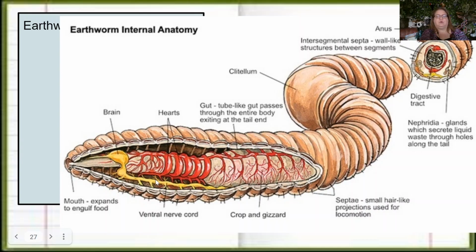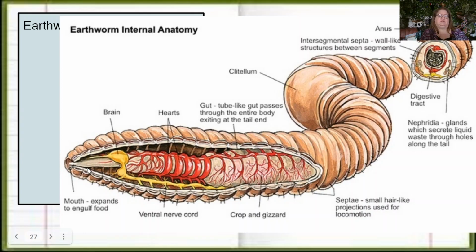And then their nerve cord goes along their belly. They have, we call them hearts, but they're really just enlarged arteries. Sometimes books will call them aortic arches, like the aorta we have. And then the blood will go down the tube.